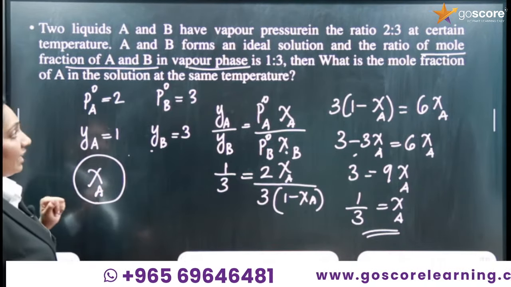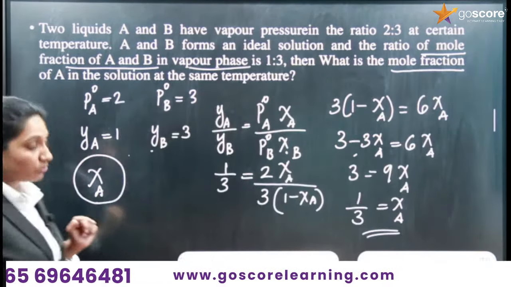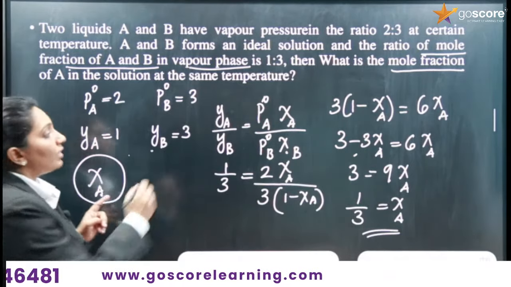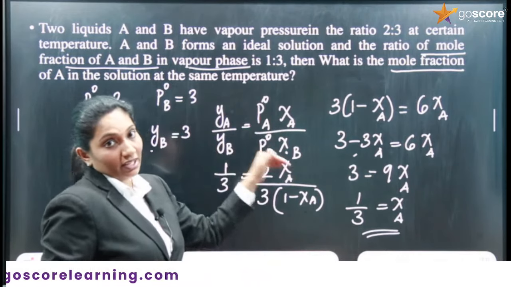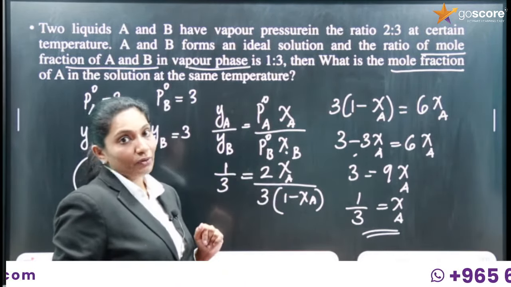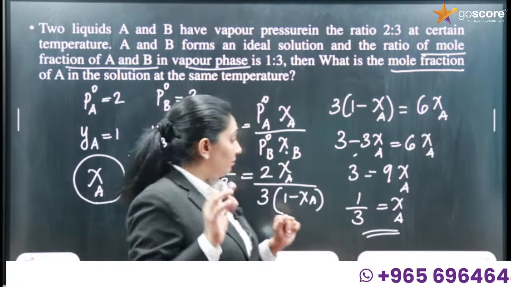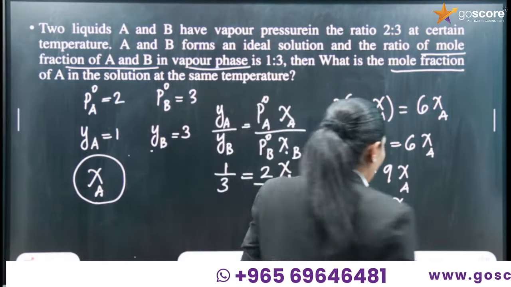That is the chi A value. So when you substitute in the equation, what can we write? Chi A by chi B. The chi B, we can rewrite as 1 minus chi A. Okay. I hope it is clear. I made a little mistake in that. I hope that portion is clear for you.